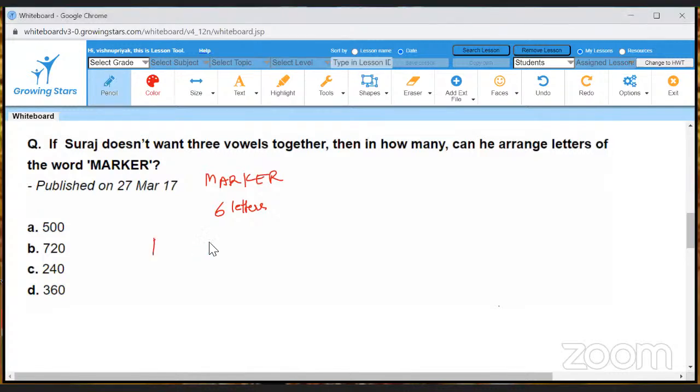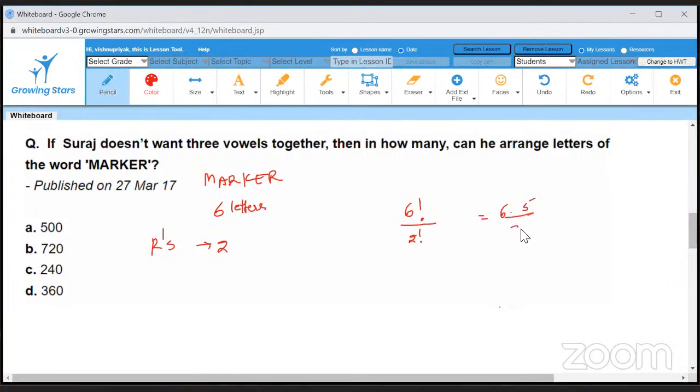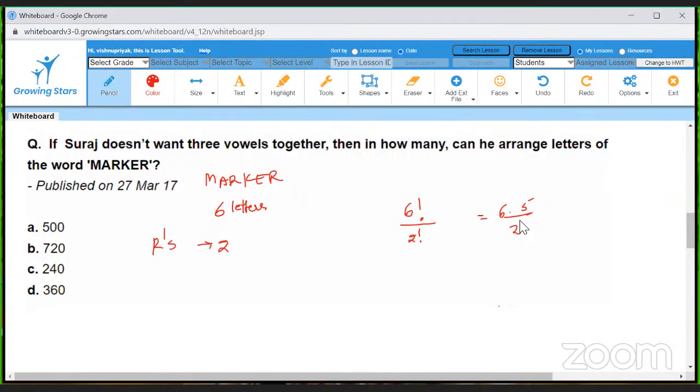Remember, 2 R's are coming. So here we are talking about arrangement. 6 letters in 6 factorial ways, and the 2 letters are in 2 factorial ways. That is 6 into 5 by 2 factorial.